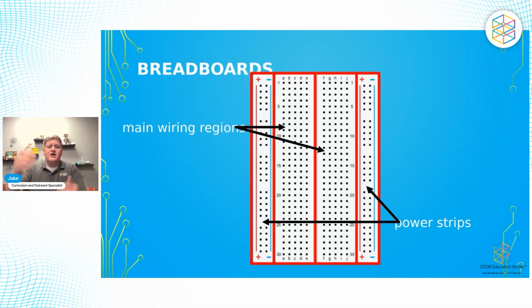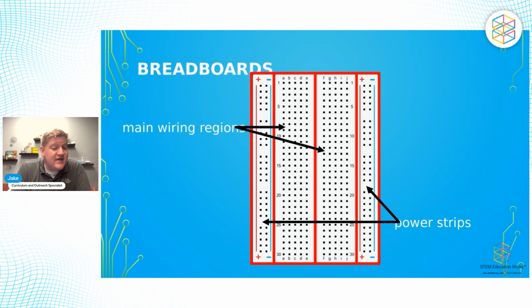The sections on the very far left and very far right are power strips. Those are strips where we can plug power sources into our breadboard. And that allows us to supply the middle sections of our breadboard with a certain amount of power in our circuit. Why do we have 2 of them?